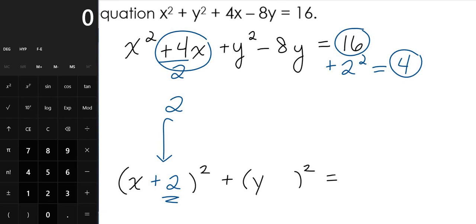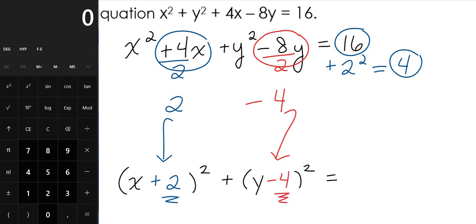Let's move on to the y's. So with the y's, take the negative 8y. You're going to divide by 2, always, and you get negative 4. Take that negative 4, throw it into the parentheses, minus 4. Now that same negative 4, I want you to bring it to the other side of the equal sign, and I want you to square it, just like we did before.